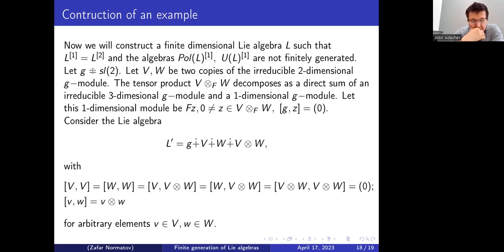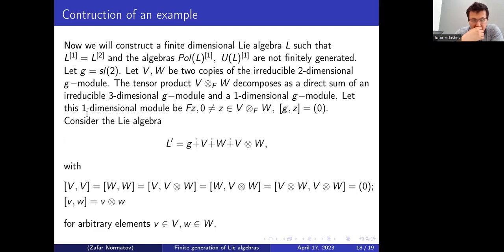They take the sl2 and V, W, two copies of the irreducible two-dimensional G-modules. Then they looked at the tensor product, and this tensor product decomposes as a direct sum of an irreducible three-dimensional G-module and a one-dimensional G-module.